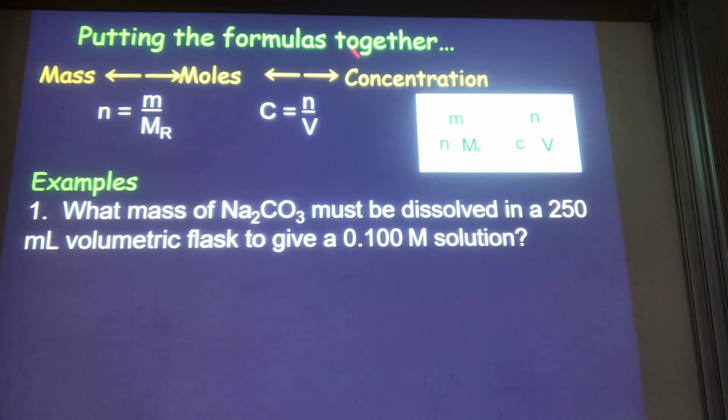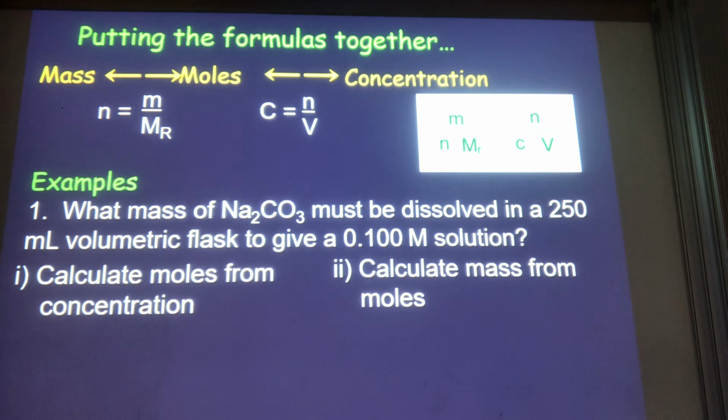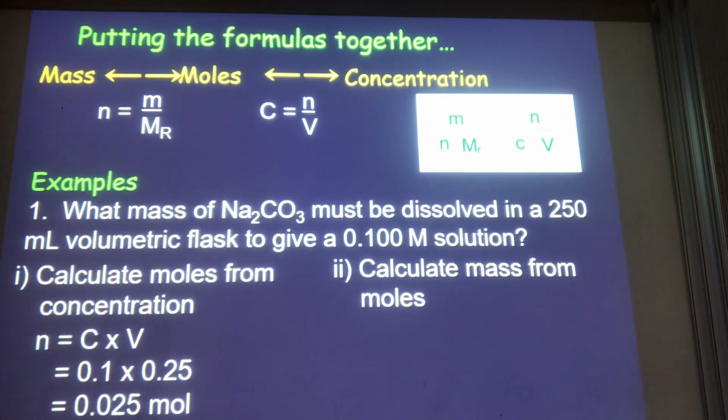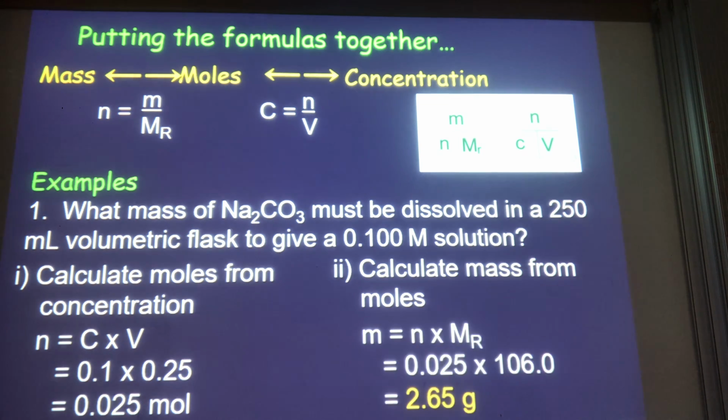We'll go from concentration to moles, and then once we've worked out the moles, we can then work out the mass. So concentration formula, N equals C times V. Then, once we've got the number of moles, we simply multiply that by the molar mass of sodium carbonate to give us the mass.